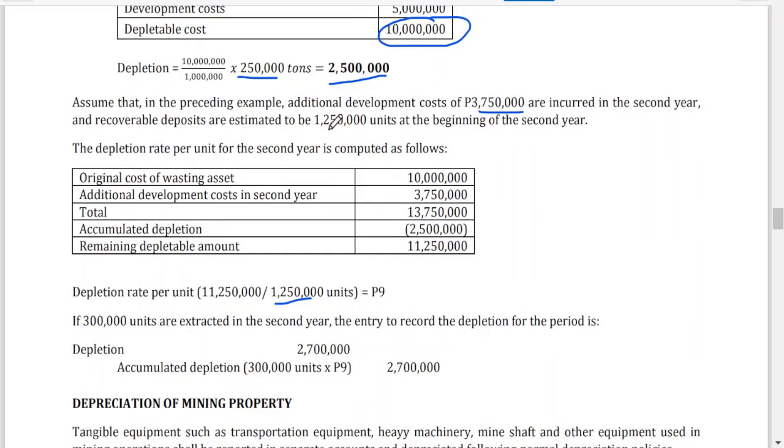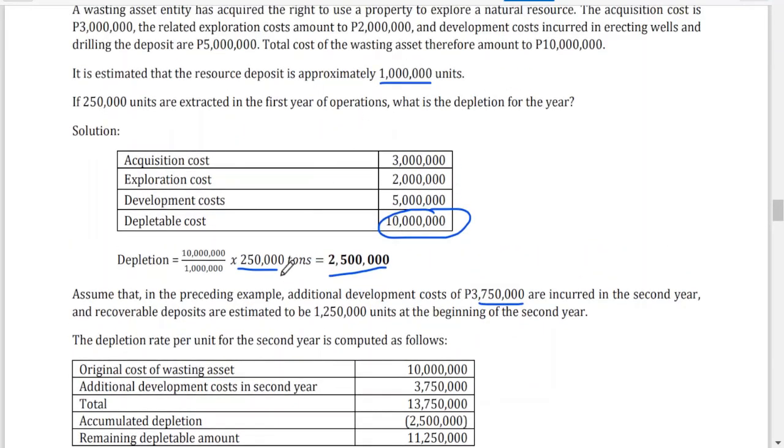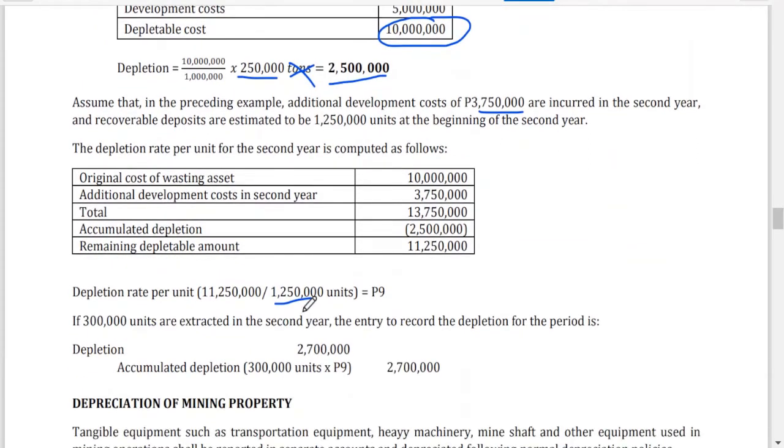So from second year onwards, the total deposit would be 1,250,000 units or 1,250,000 tons. Okay, sorry. This is only units pala. Units, not tons. So 1,250,000 units.